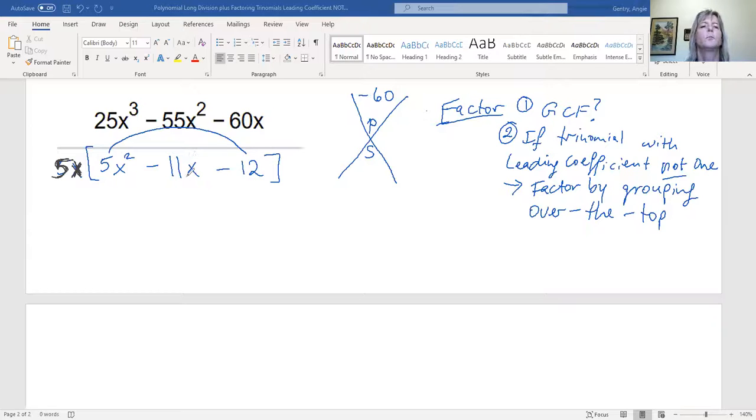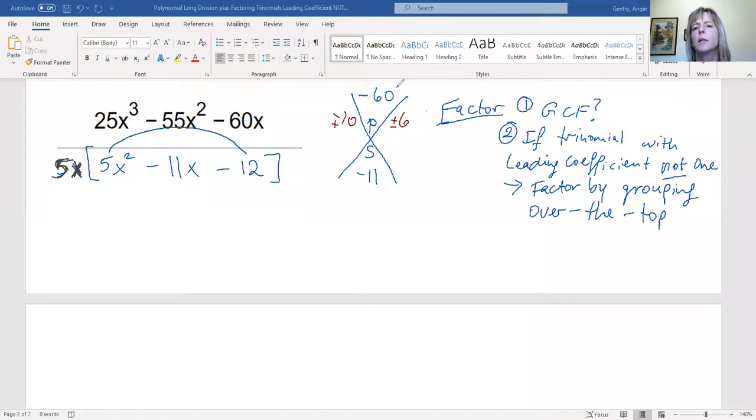So in reverse, I need a sum of negative 11. So you have to find two numbers that give you a product of negative 60 and a sum of negative 11. Now you can say, hey, 10 times 6, one of them has to be negative, one positive, maybe this and this, or this and this.